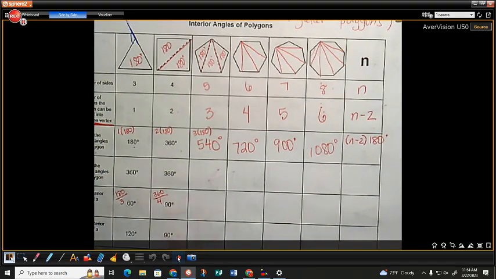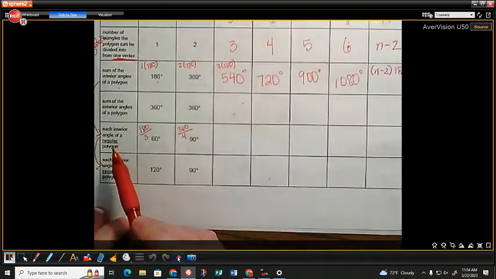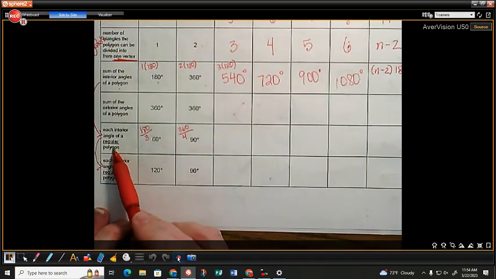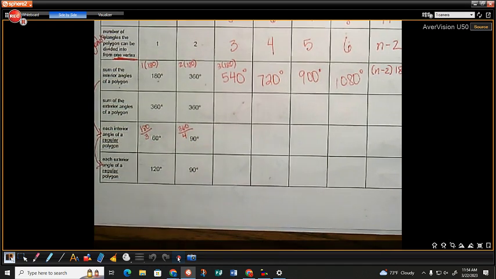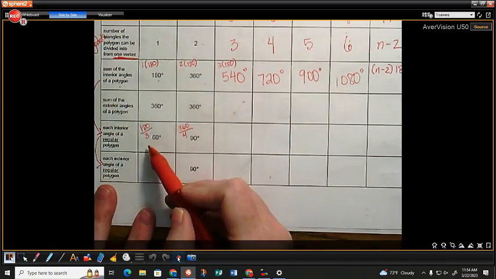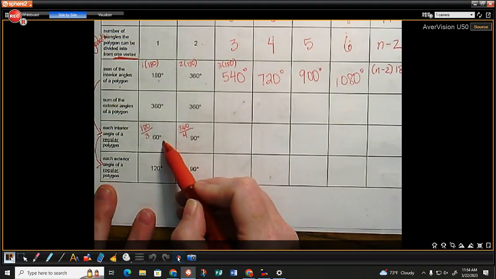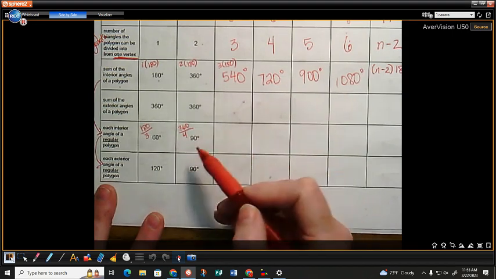Okay, cool. Skip down. If it's a regular polygon, you're going to take that number and divide it by the number of angles it's got that are all the same size. So here, the 180 divided by 3, didn't we talk about equilateral, equiangular triangles always having 60 degrees? And a regular quadrilateral is called a square.